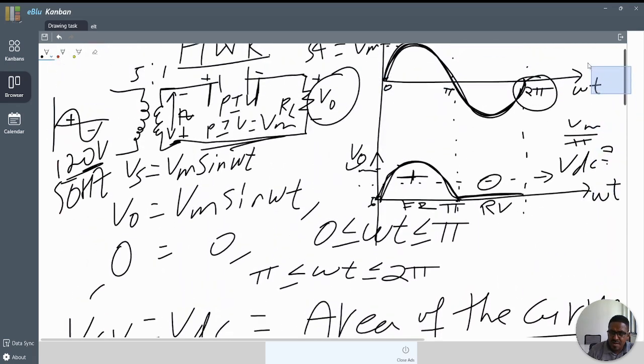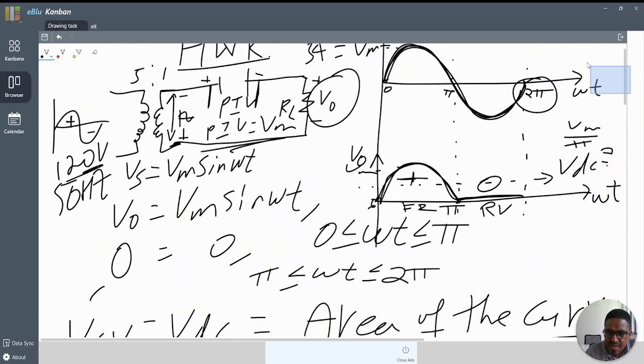So our VDC when we calculate is approximately 10.5 volts DC. So this is the analysis of the half wave rectifier.